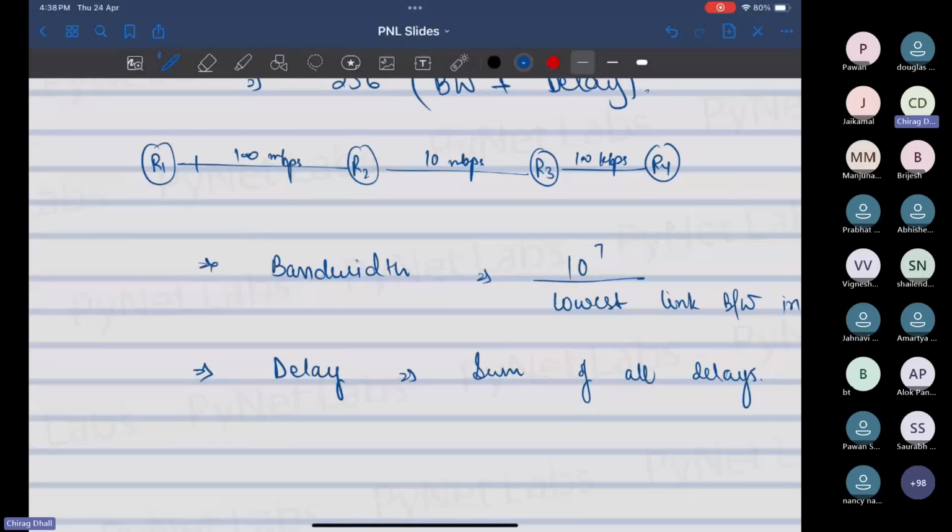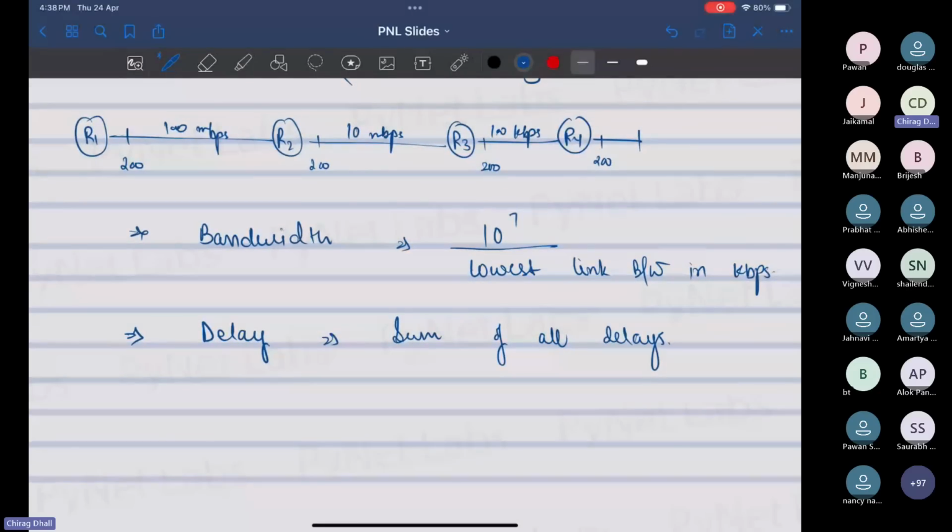So assume that the delay for the exit interface of R1 is 200. Here it is again 200. Here it is again 200. And let's say R4 is connected to some network for which again the interface has a delay of 200. So when I calculate metric in EIGRP, I will add all these delays together, making it 200 plus 200 plus 200 plus 200.